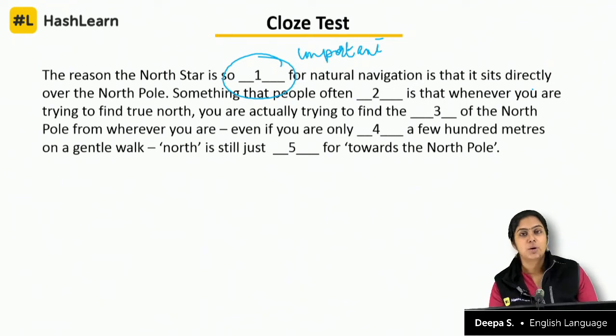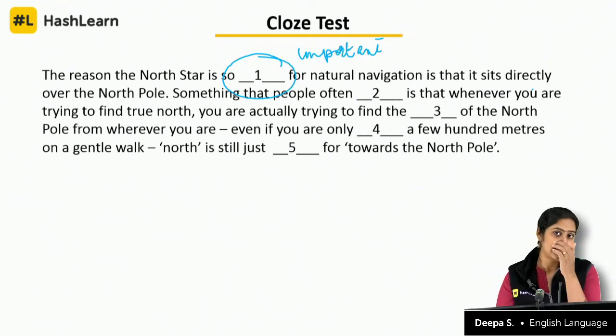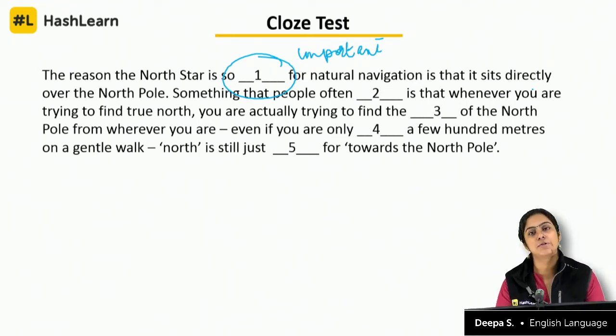So we understand the crux of the passage is about finding your direction, your navigation with the North Star. The North Star is up in the sky, and the North Star helps you navigate.